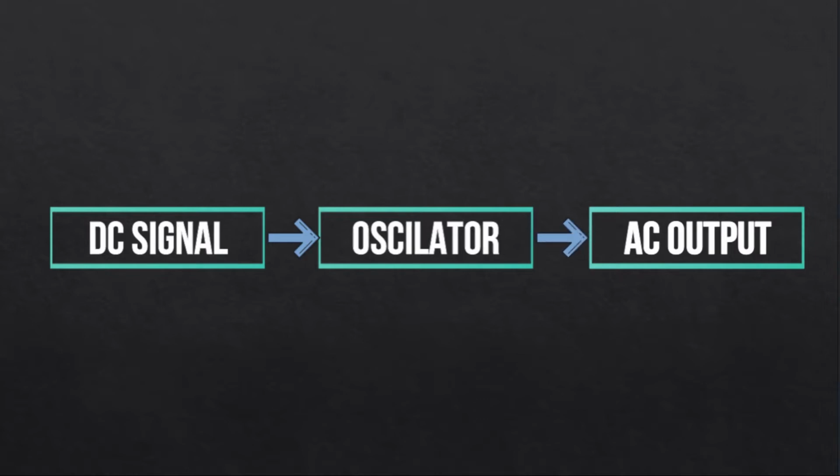Oscillators can generate frequencies from Hz to GHz. The output of the oscillators can be either sinusoidal or non-sinusoidal signals.